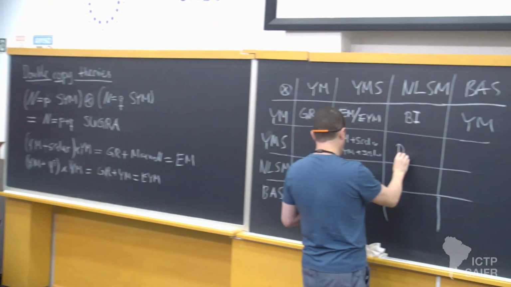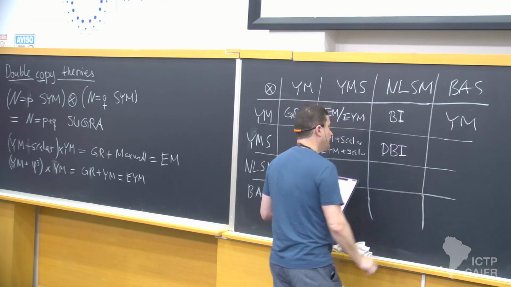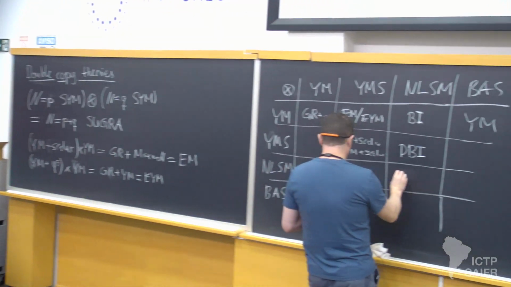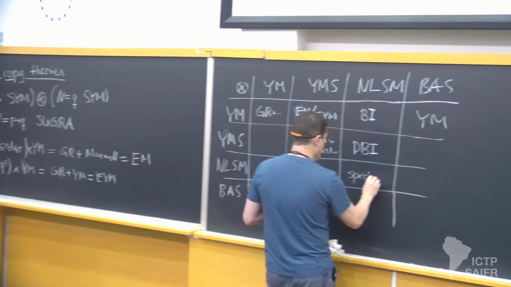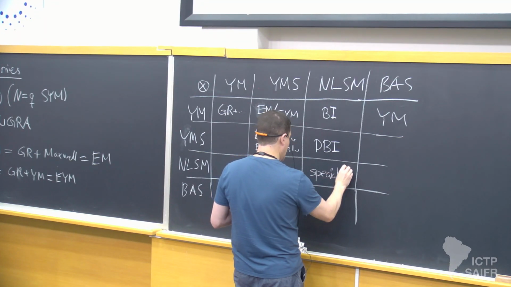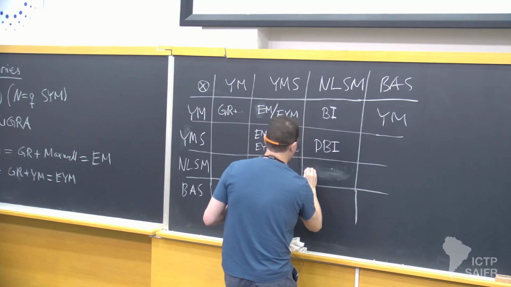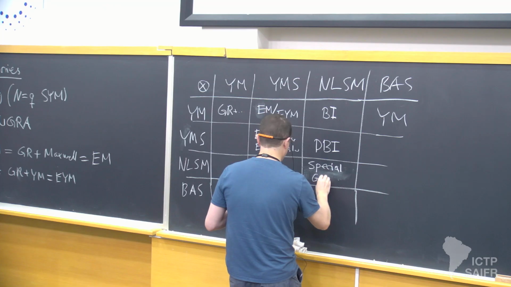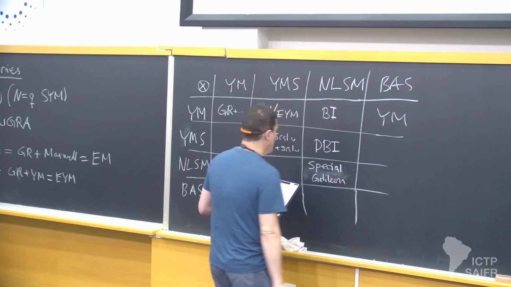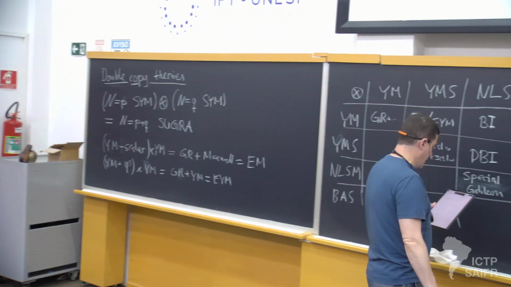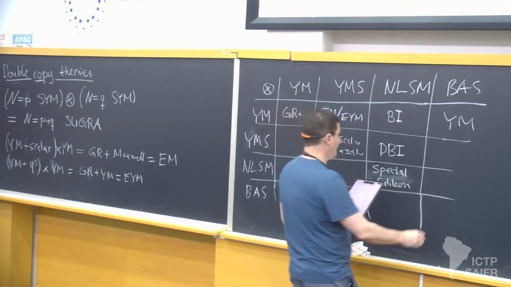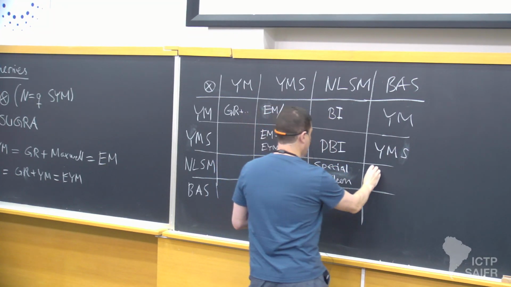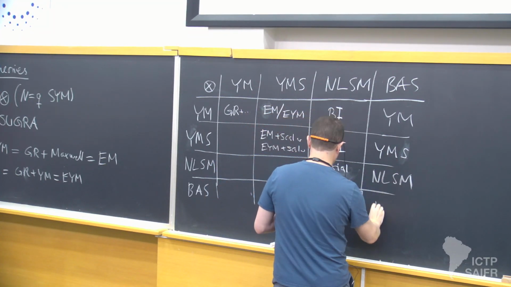Here you get what people usually call DBI, Dirac-Born-Infeld. Maybe I didn't say this is Born-Infeld. Here you get something that people call special Galilean, which I'm not going to explain what it is, but it's well known. And as I said before, this just acts as identity. You get only the sigma model here, and the bi-adjoint scalar.